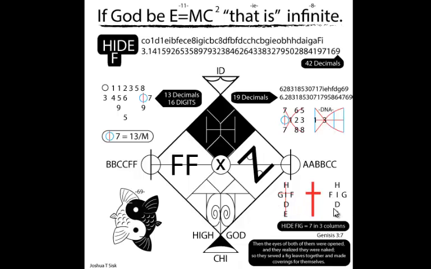Yeah, this says hide Fig, and then that actually says they hid themselves with Fig. And that's actually 3:7 of Genesis. That's genetic code and ISIS, which I didn't look up, but that's just another connection.